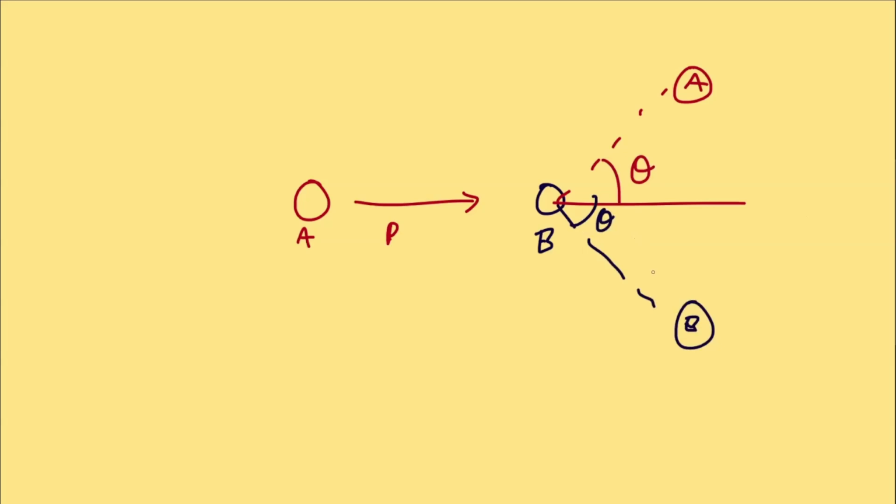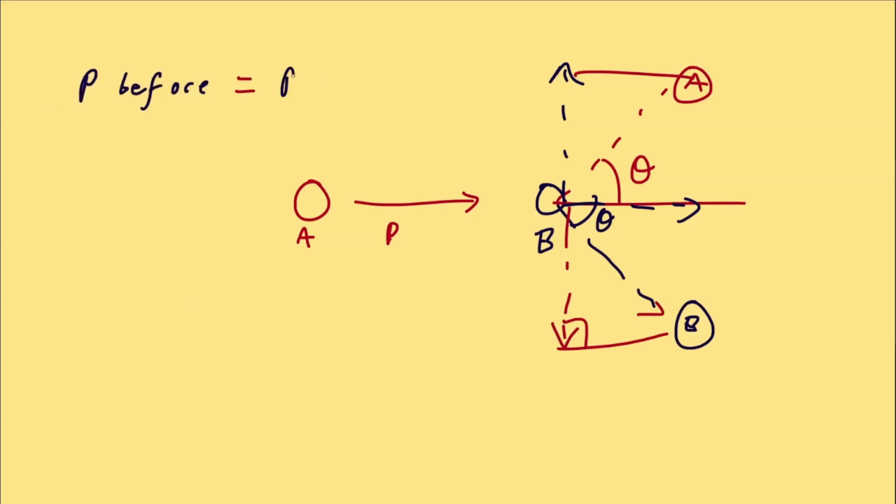Because momentum is a vector and momentum is conserved, the x components and the y components of momentum are also conserved. Now, the conservation of momentum says that the total momentum before is the same as the total momentum after. Let's apply this to the x component. So the total momentum before would be the momentum x component of A, plus the momentum x component of B, which is nothing since it's at rest at the start.